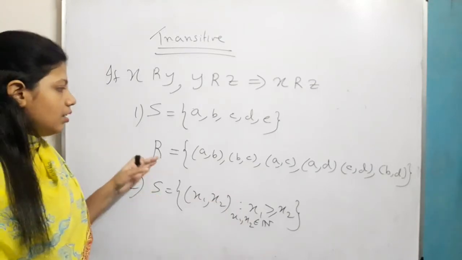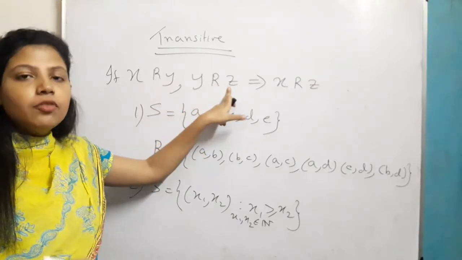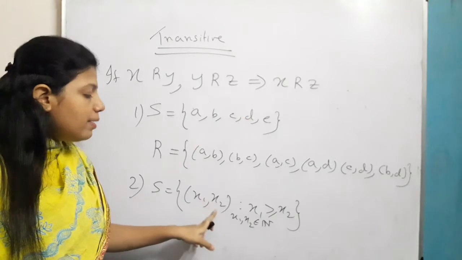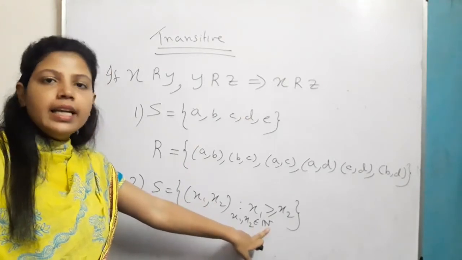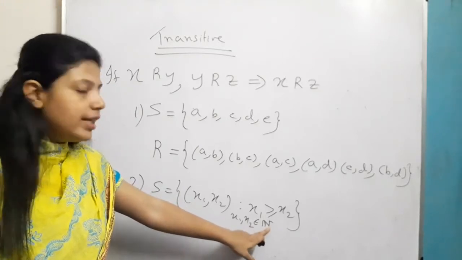Now here also x, y, z, that means we have to take three elements, but here two elements are there. So we know that in natural number set there are infinite number of elements. So I will take the third element from this one.